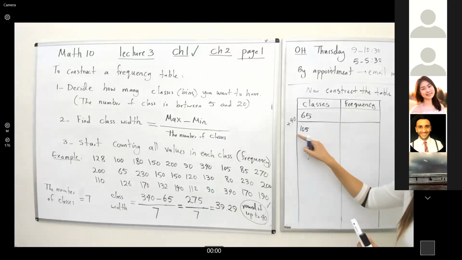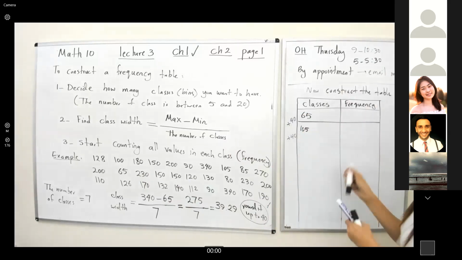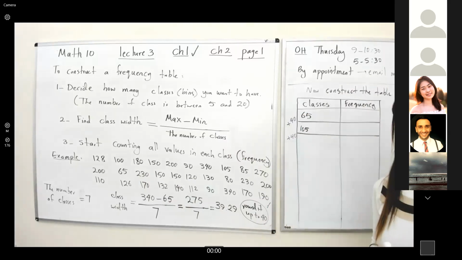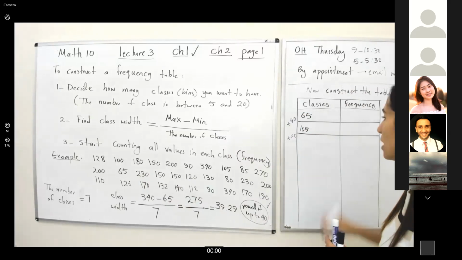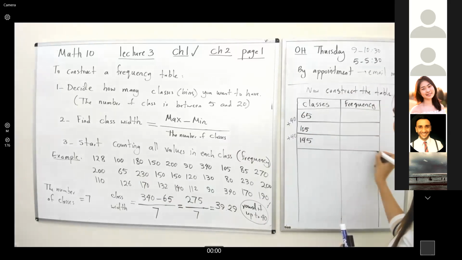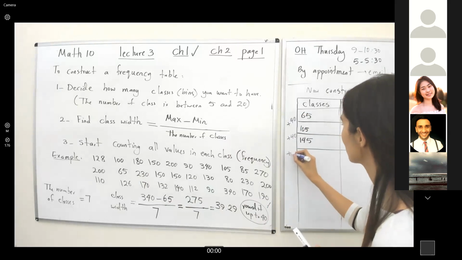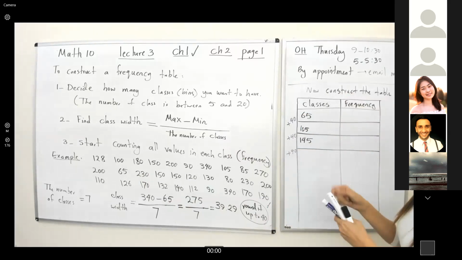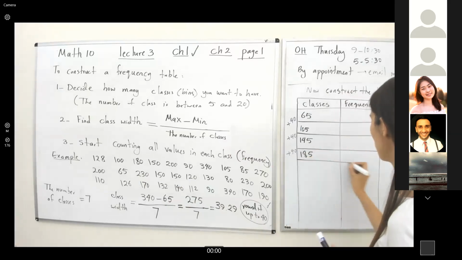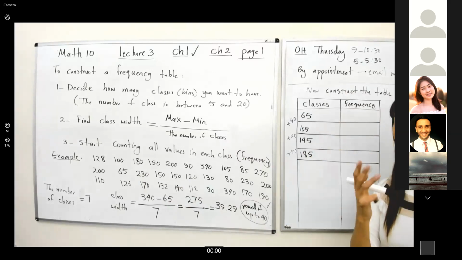I'm going to add 40 to 105 to construct the third class. Remember that you're going to have 7 classes. So I have 145. I'm going to add 40 to it to construct the next class, 185. Next class, so far I have 1, 2, 3, 4. I need 3 more classes.